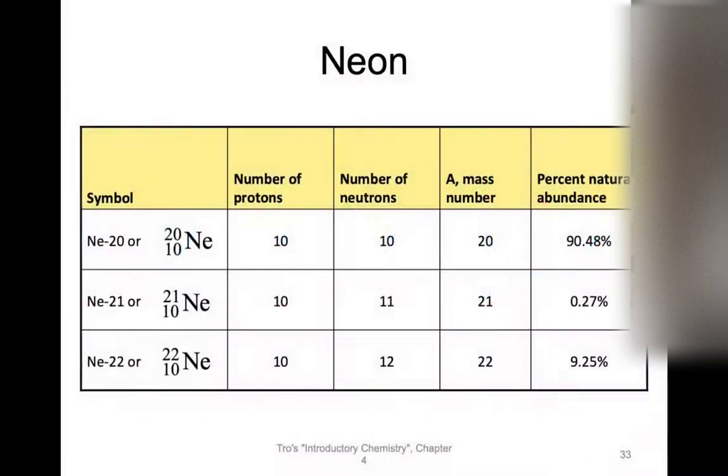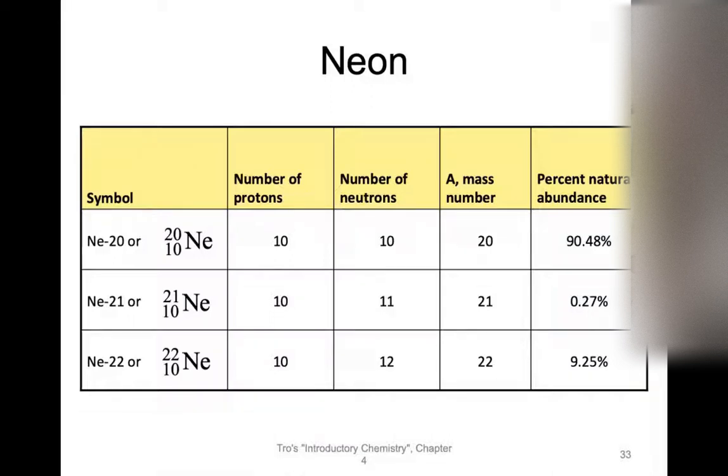We can also look at neon. 90% of neon has 10 neutrons in the nucleus. There's a very small amount of naturally occurring neon that has 11 neutrons, and about 9% of neon has 12 neutrons. So when we look on the periodic table, we have a mass of 20.18.